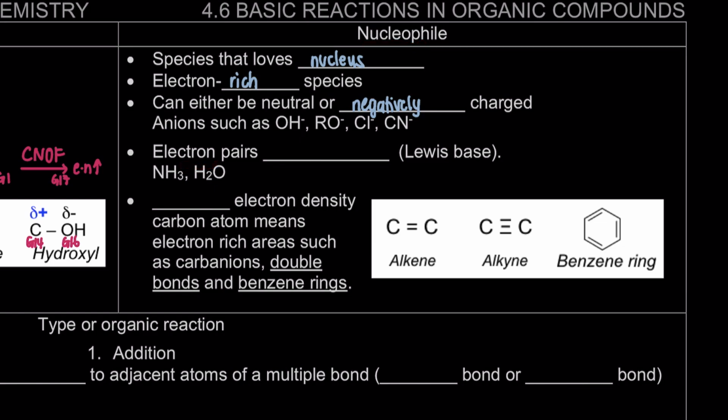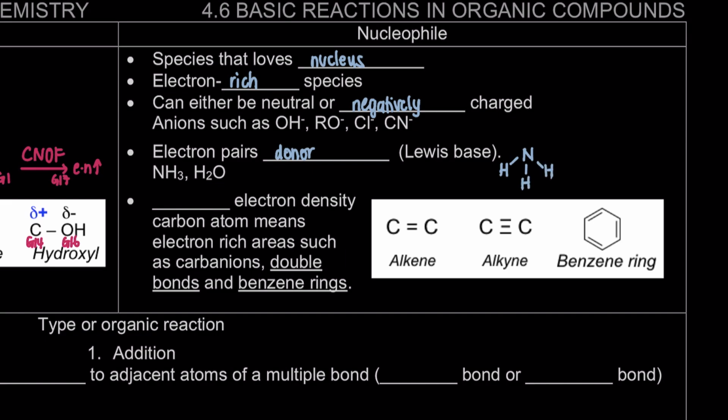Electron pair donor means that it is a Lewis base, where it can donate electron, which means we have the presence of a lone pair on the atom itself. For example, for NH3, actually the Lewis structure will be like this, NH3.